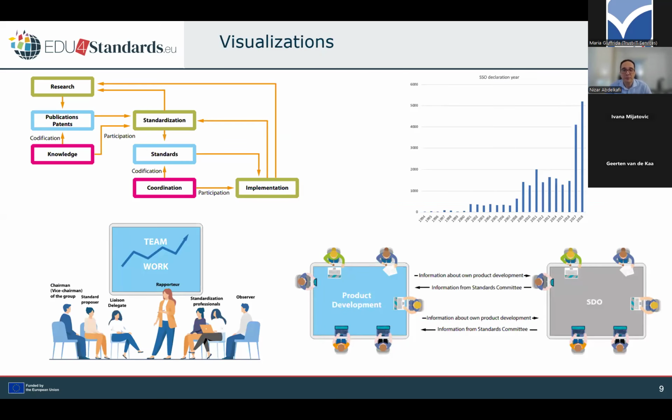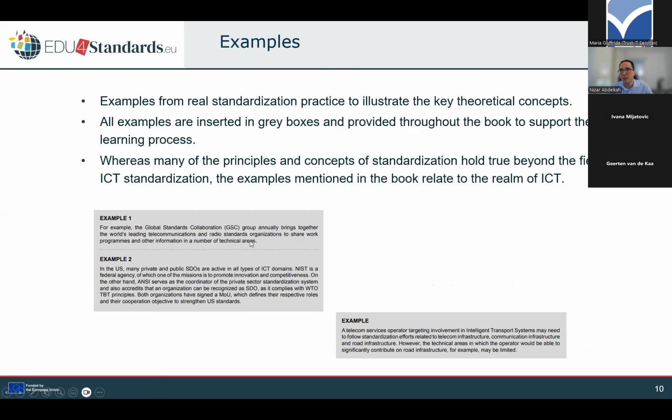Also, we have used a large number of illustrations. You may find flow diagrams, as you have here, statistical diagrams like histograms, and illustrations like the ones at the bottom, in order to make the teaching material as attractive as possible for prospective learners.